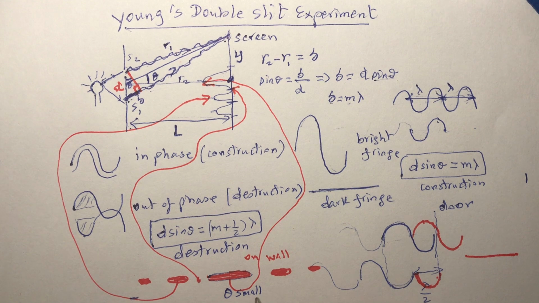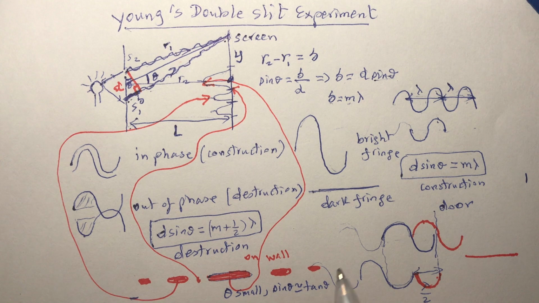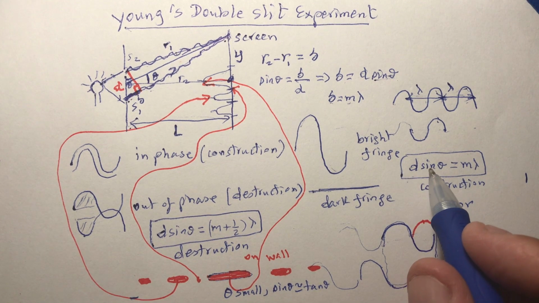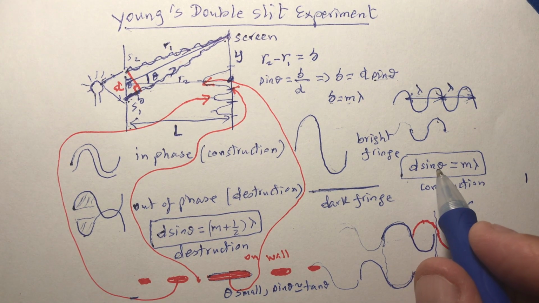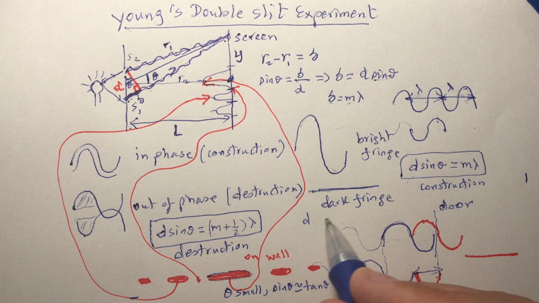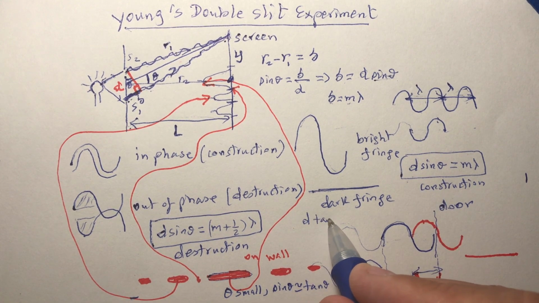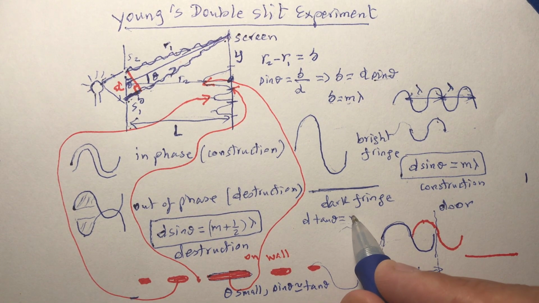If theta is small, we can say sine theta is approximately equal to tangent theta. And we come over here, and instead of putting sine theta, I put tangent theta. So I put d, instead of sine I put tangent, tangent theta is equal to m lambda.